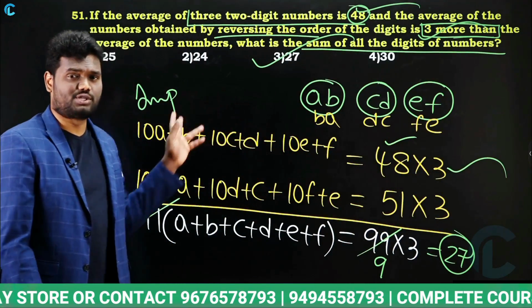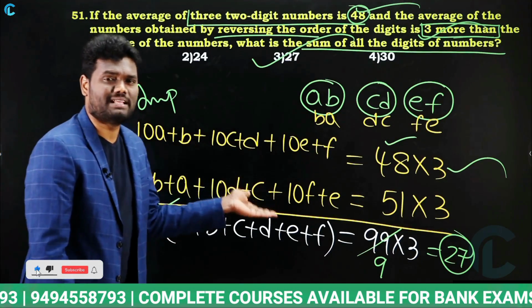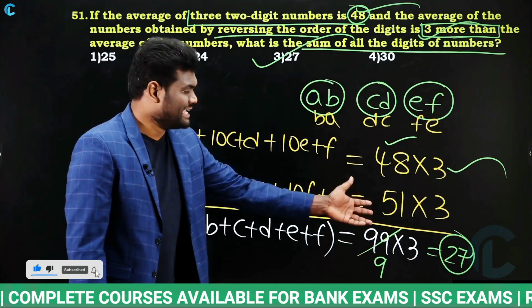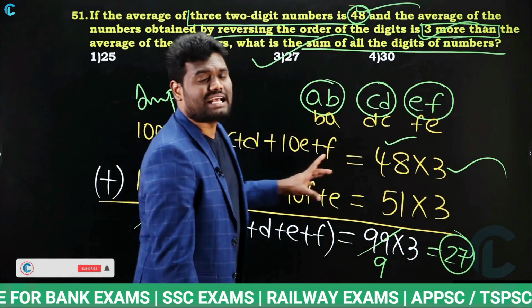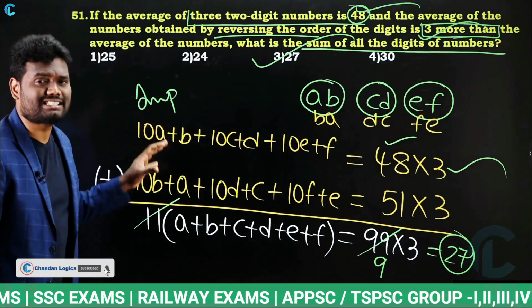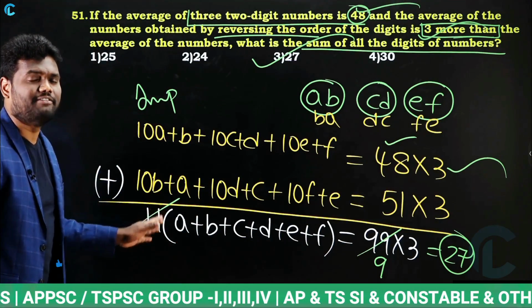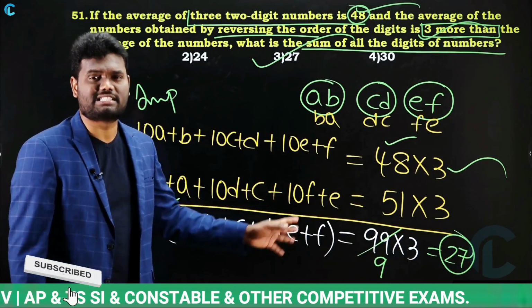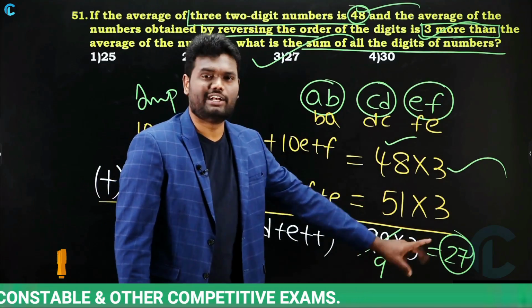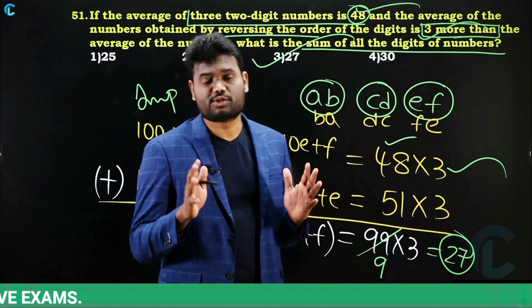Similarly, when it is reversed, it is going to be 10B plus A plus 10D plus C plus 10F plus E is equal to the average increased by 3, so 51 into 3. Now he is asking the sum of these digits. As he is asking the sum of these digits, add these two equations. When you add these two equations, it will be 11 times A plus B plus C plus D plus E plus F is equal to 99 into 3. When you simplify this, you are going to get the sum of all the digits as 27.